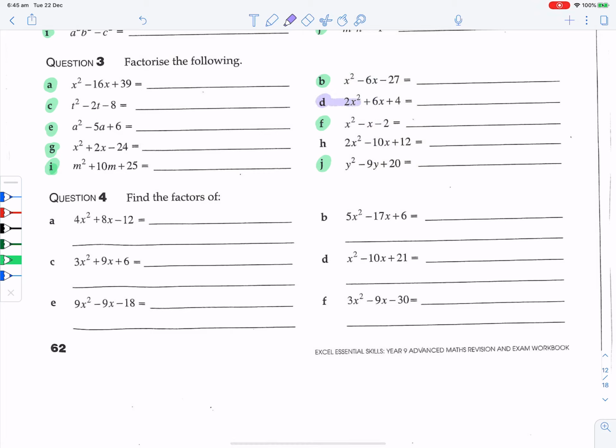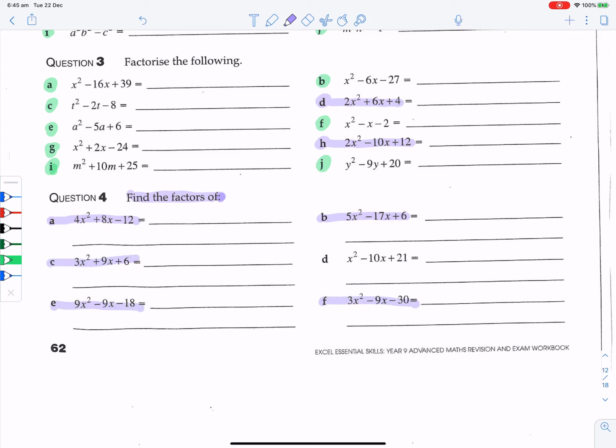D, non-monic quadratic trinomial. H, non-monic quadratic trinomial. Okay, 4a, find the factors. It's the same thing as factorizing, right? 4a, non-monic quadratic trinomial. Question B, non-monic quadratic trinomial. And so are all of these.